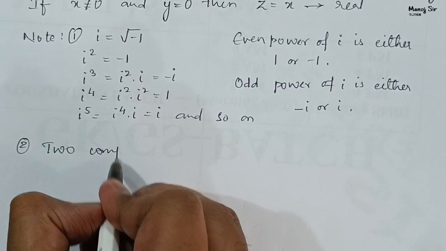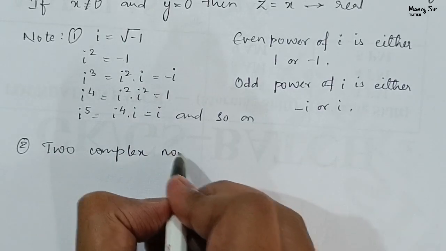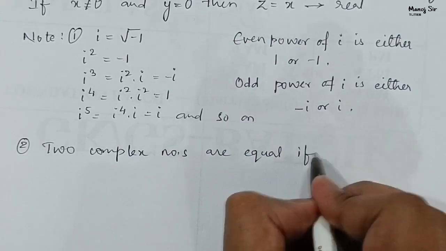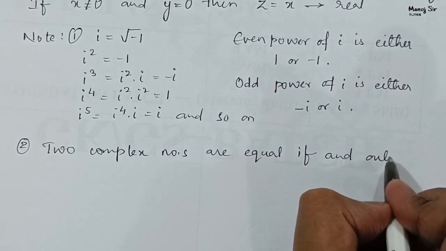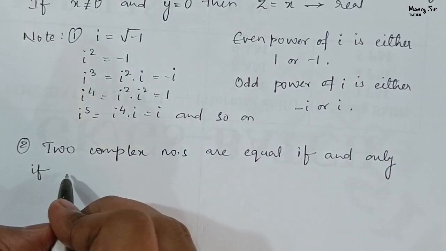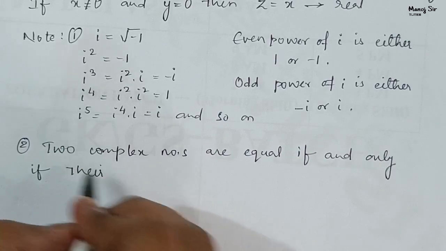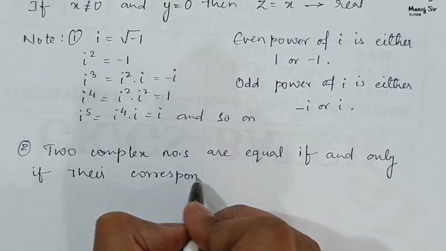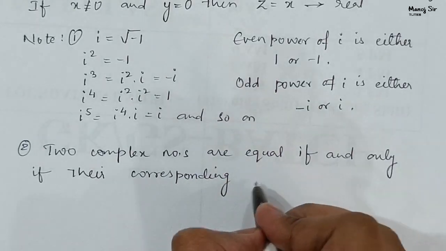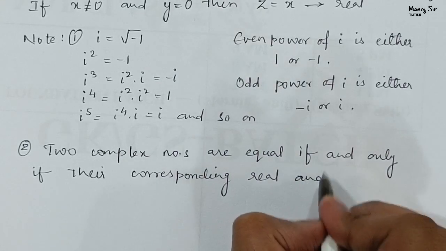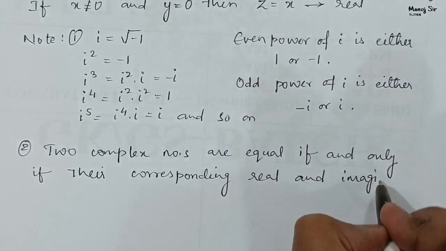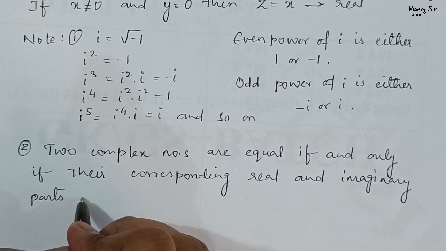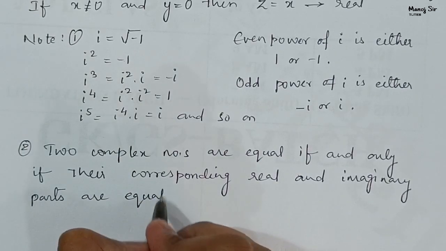Two complex numbers are equal if and only if their corresponding real and imaginary parts are equal.